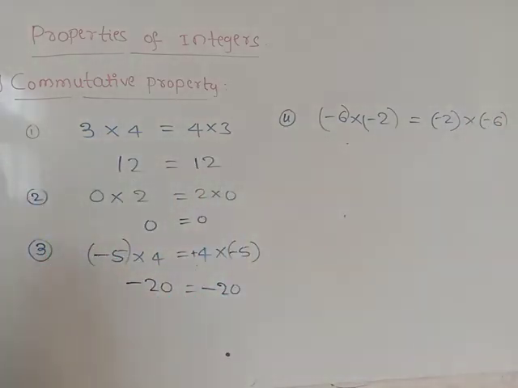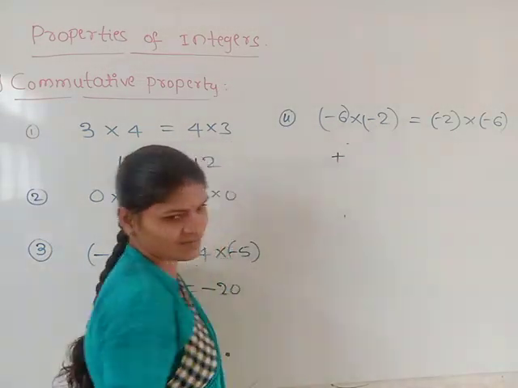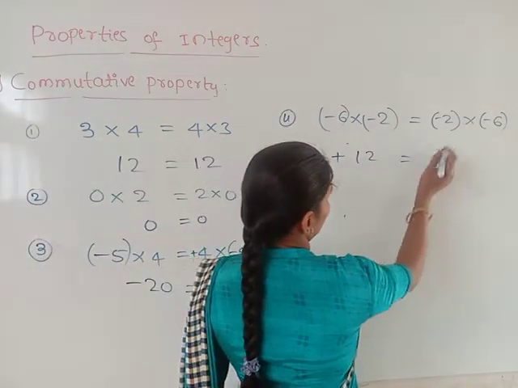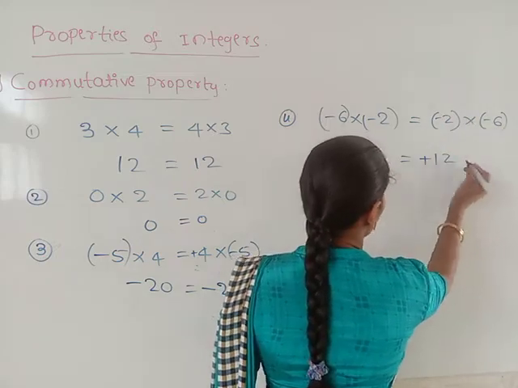Please find the product of minus 2 and minus 6, and of minus 6 and minus 2. Minus into minus is plus, 6 twos are 12. Next, this side: minus into minus is plus, 2 sixes are also 12.